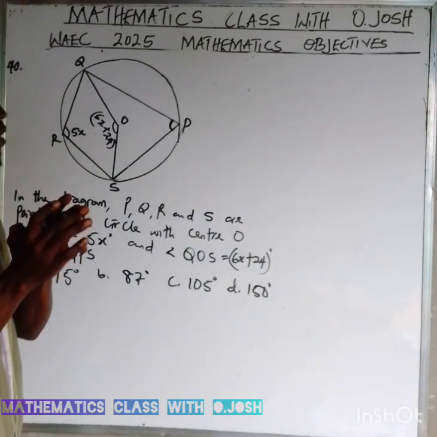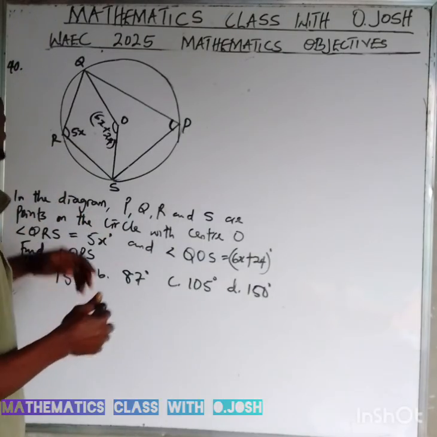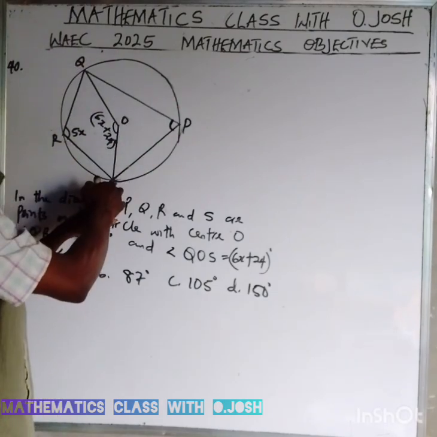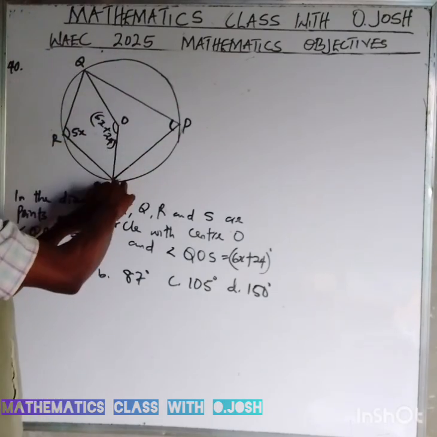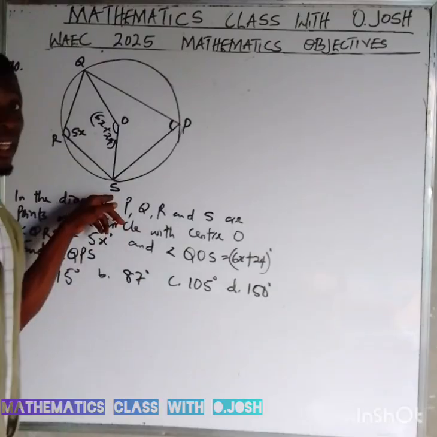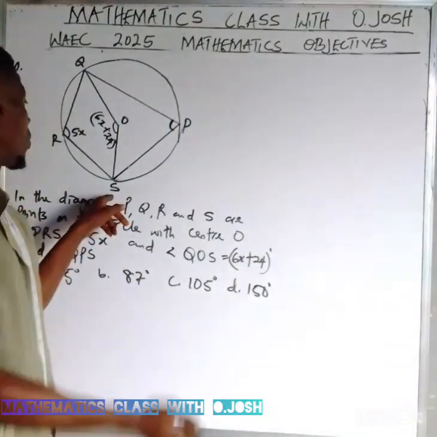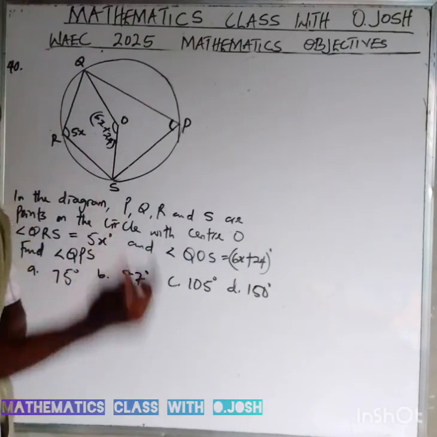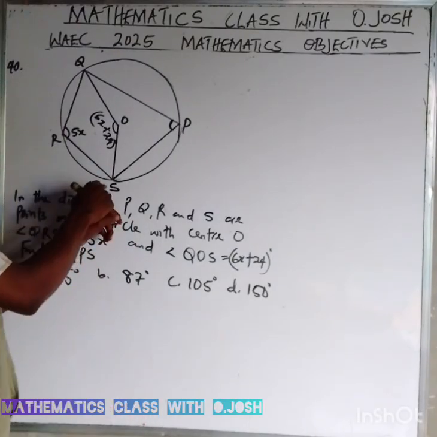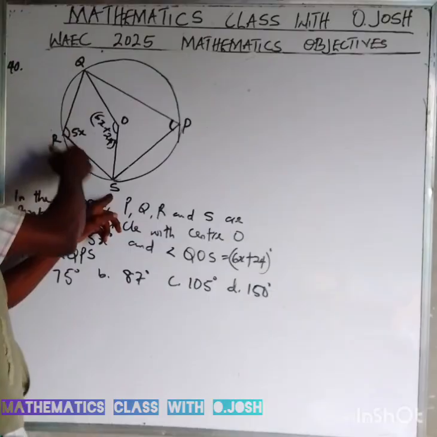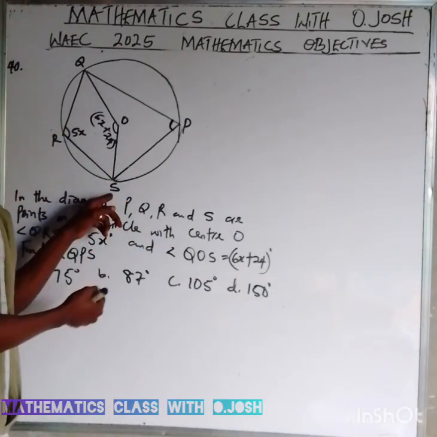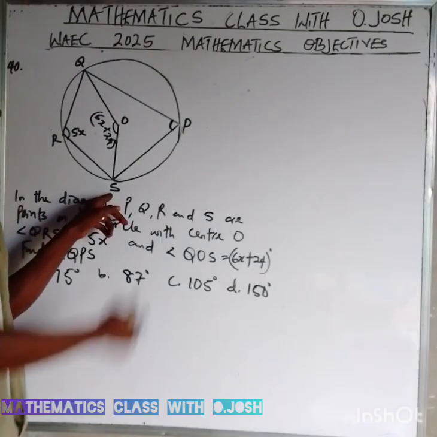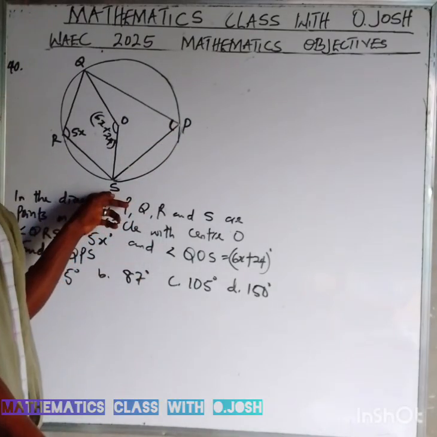We observe that arc SPQ, that is this major arc, subtends this angle 5x at the circumference. And also this minor arc SRQ subtends this angle QPS at the circumference as well.